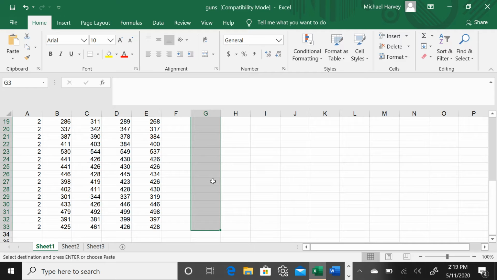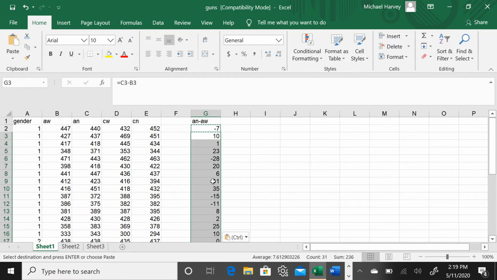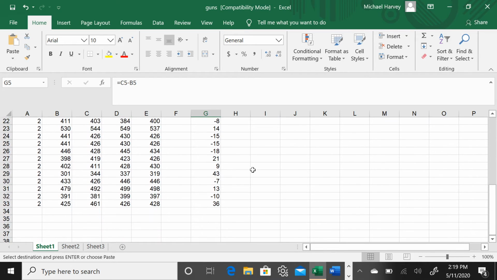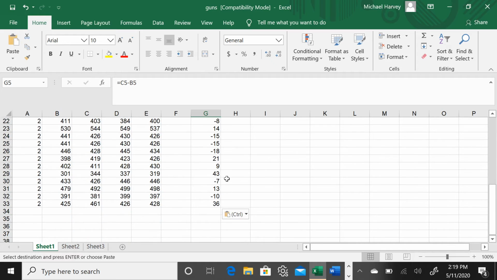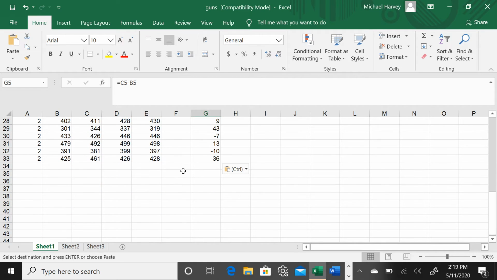Then hold the control and hit V. You can look at the formula bar to see as you go to each cell, it's doing the same thing for each cell. So now we have all the individual ones there, and we can work with that because this is the data that we're interested in. We don't really care about any of that other stuff over there.